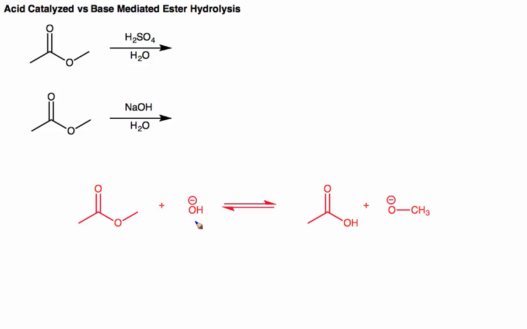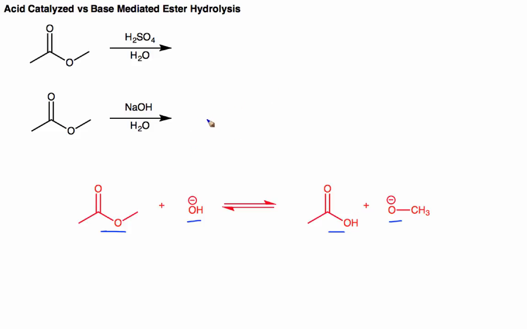OH minus and methoxide have similar stability, as does the ester and the carboxylic acid. So whether we look at this through acidic or basic conditions, we're going to need to find a way to drive this reaction to our carboxylic acid product. That's one thing we'll focus a lot on here.